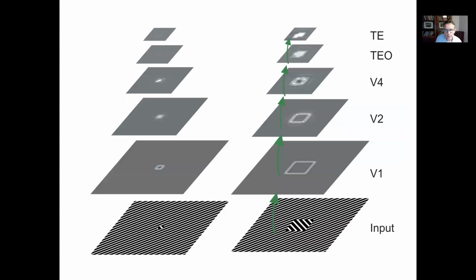Now the trick is to not only do this in V1, but to repeat the same connection schemes at higher areas. And at some point you'll reach a level where the size of the receptive fields matches the size of the figure. So here is one or a few neurons that are well driven by the stimulus, the left stimulus, and they don't get any inhibitory input from their neighbors.